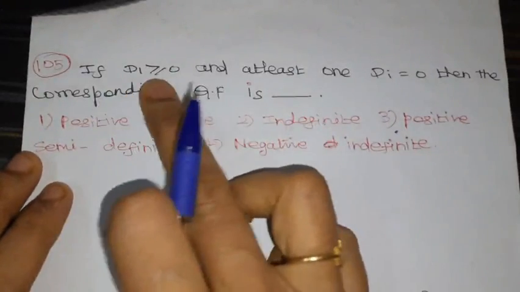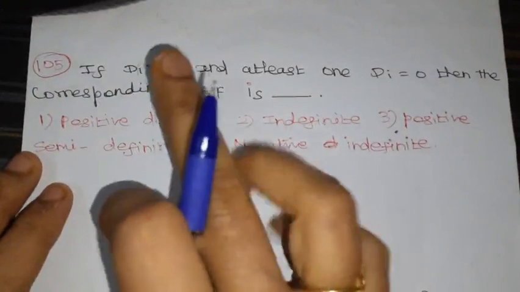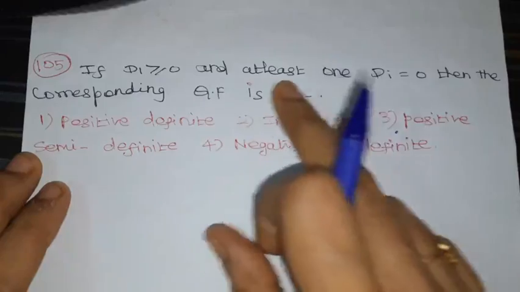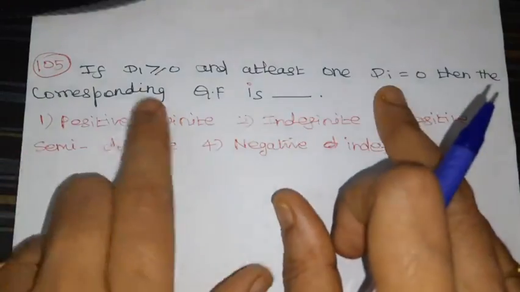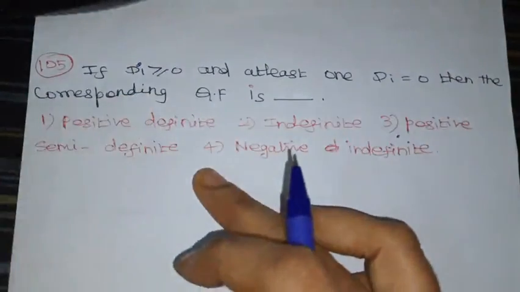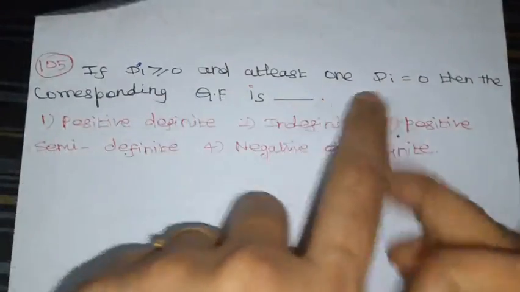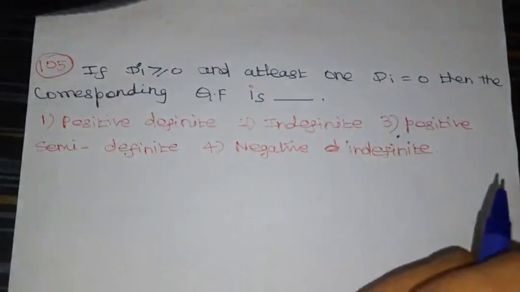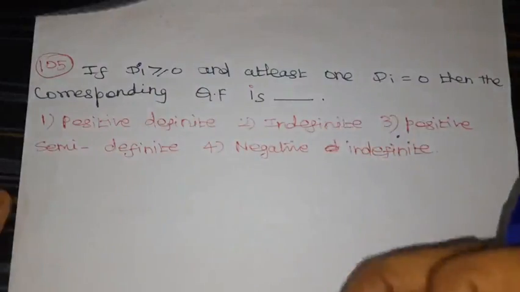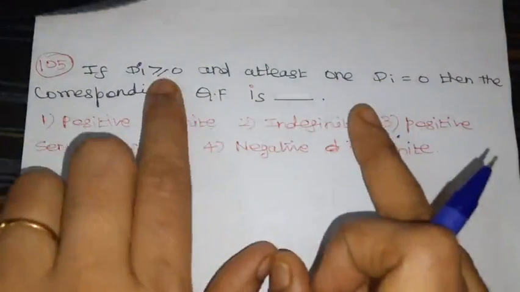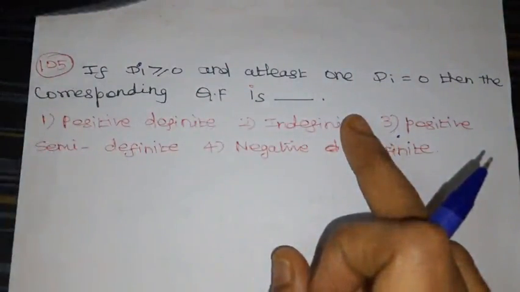Then 105. If Di greater than or equal to 0, which includes the value 0 also, where i varies from 1 to n, and at least one Di equal to 0, then it is semi-definite. All are positive, so greater than or equal to 0 means obviously it is a positive value.